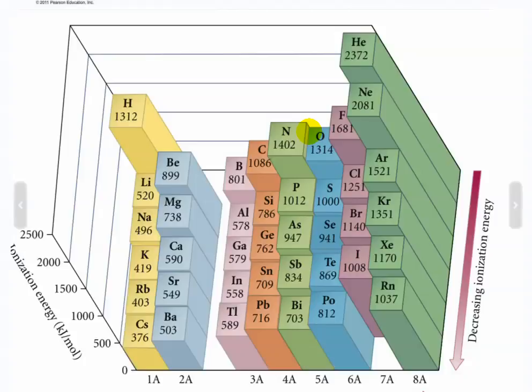So now, why is that? I've given you all the reasons. It's all the same reasons. Why do you think that the first ionization energy goes down as you go down a column in the periodic table? But if it has more protons, it should go up, right?